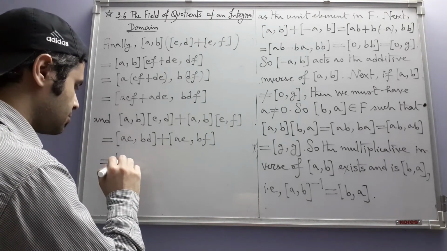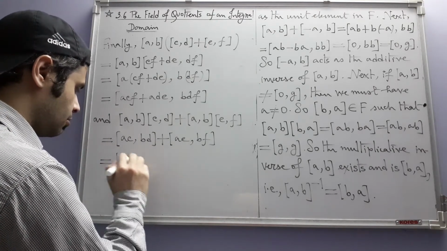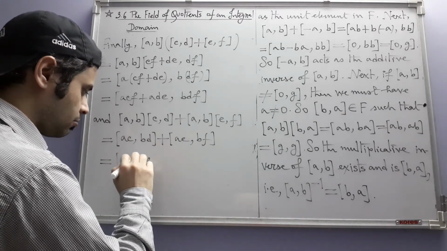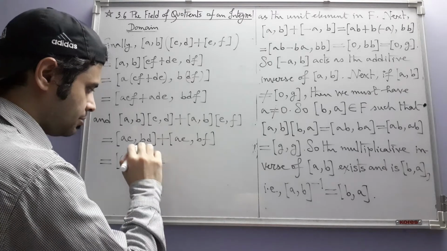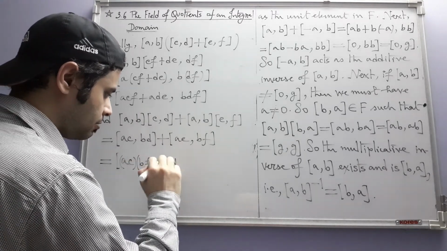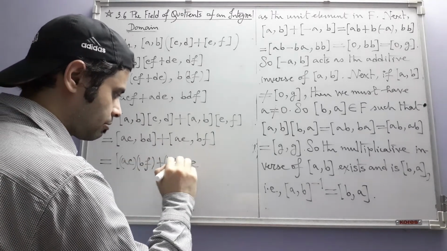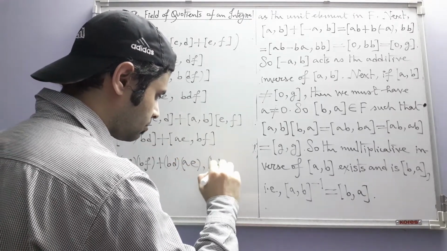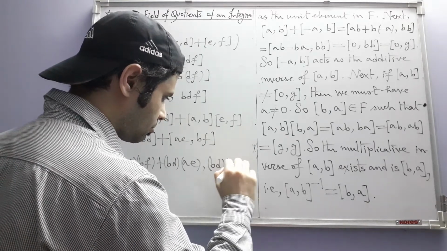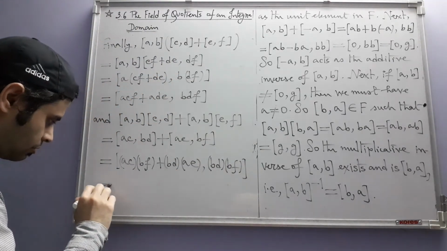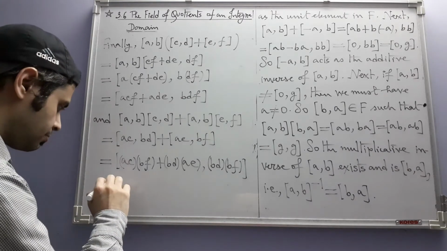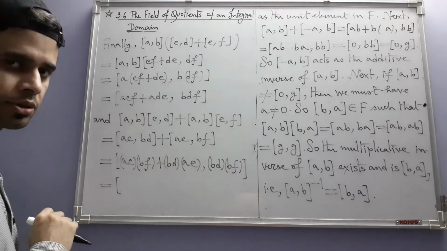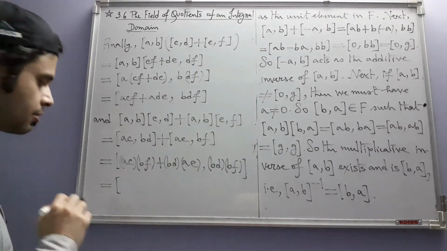Okay, so this becomes (ac times bf plus bd times ae, bd times bf). And this is equal to, note that we can take b common out.